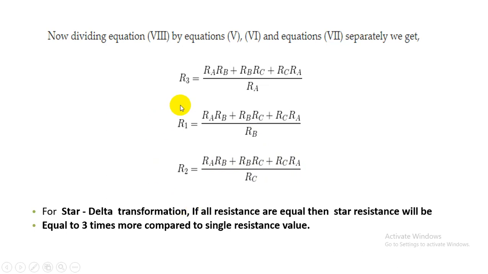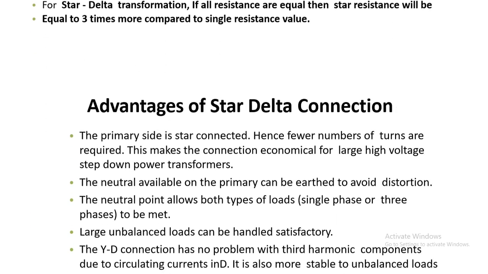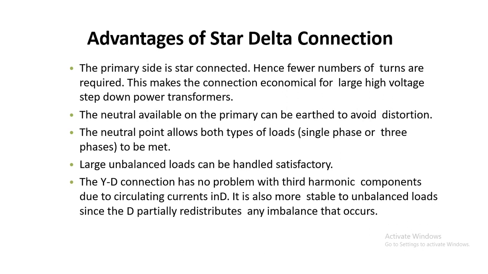If the transformation is like this, in the case of star to delta, if all the resistors have equal values, then the delta resistance will be 3 times as compared to the single resistance value. And there are some advantages of conversion between star and delta connections.